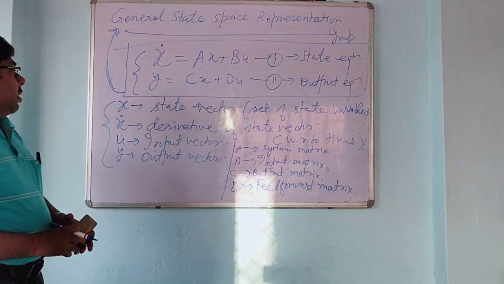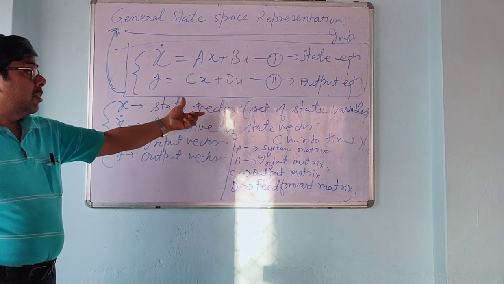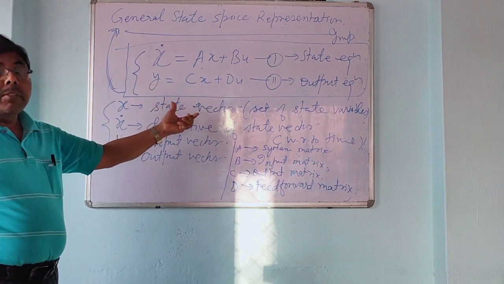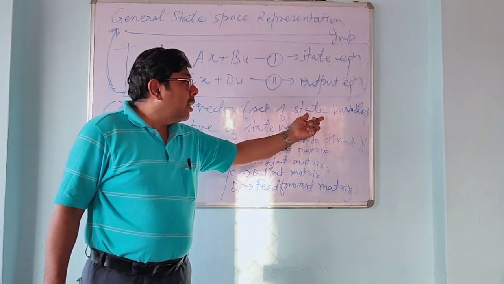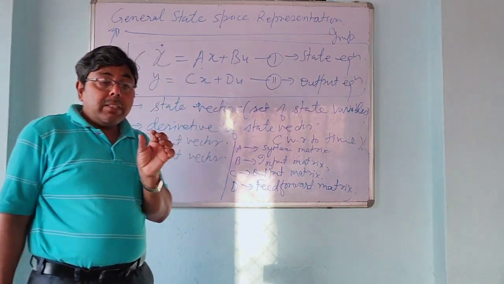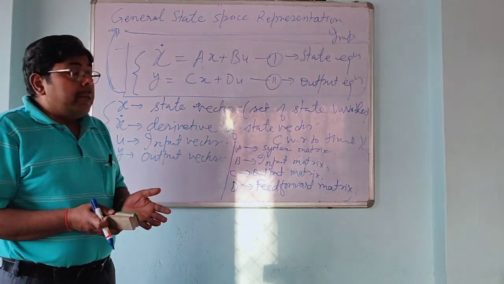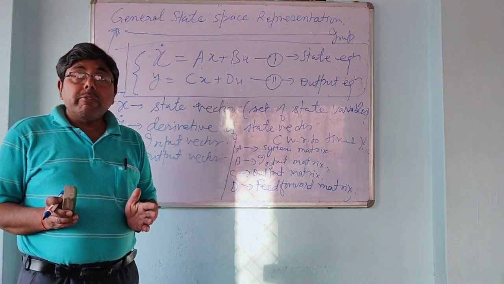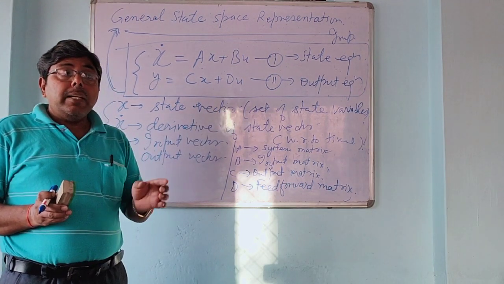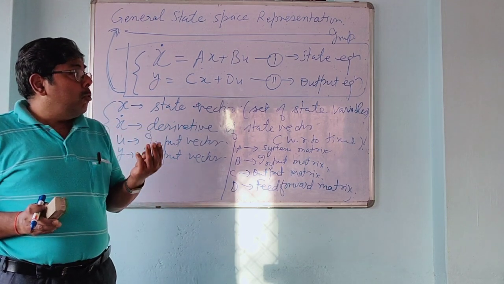And obviously this is a vector. Vector means a combination of variables, a set of variables. And state variables are the minimum set of variables in terms of which we can represent all variables. Suppose we are taking a network, and to represent the network we take loop currents.